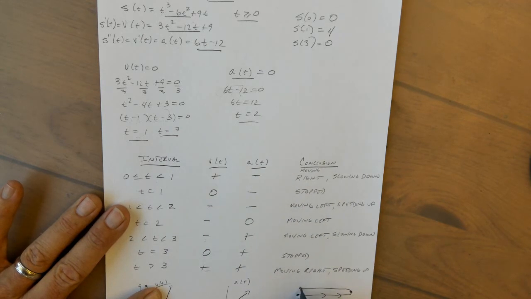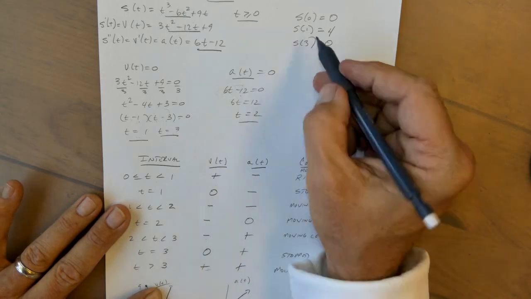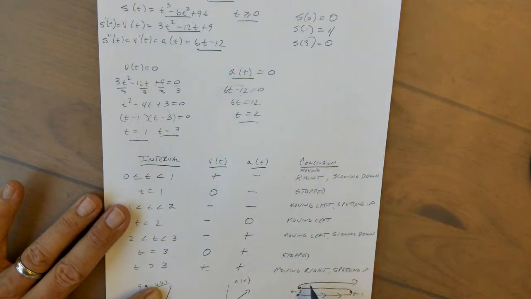And it's going to stop. So this was t equals 1. This is t equals 3. And it's going to turn around again and go to the right. And if we substitute any number greater than 3, we're going to end up with a position greater than 0. So here we are going right, stopped, left, stopped, right.